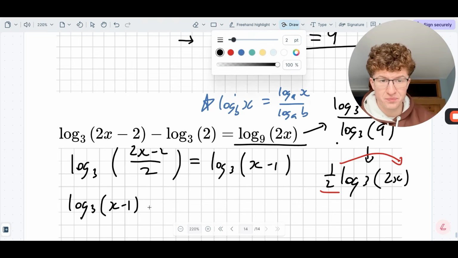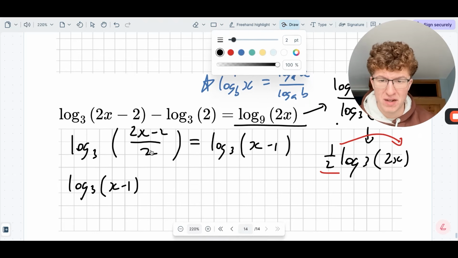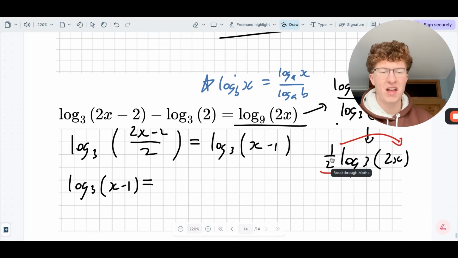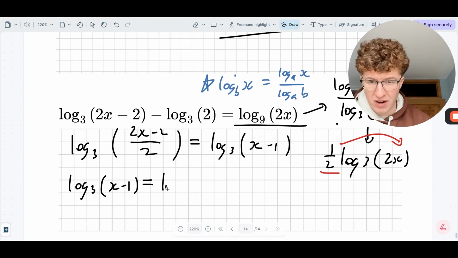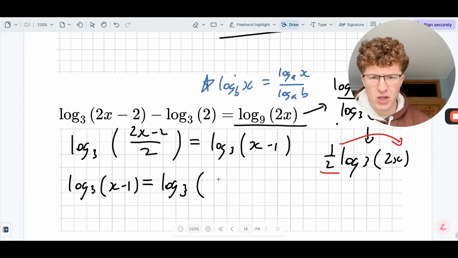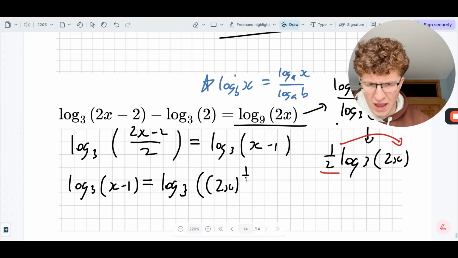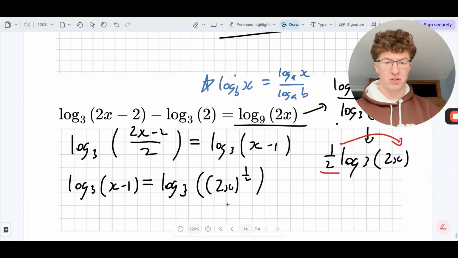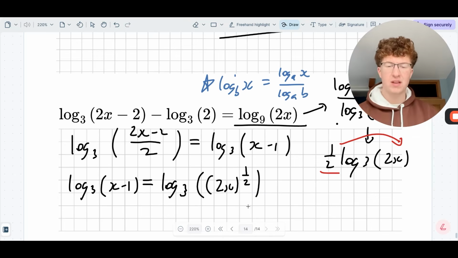So log to the base 3 of x minus 1, we can rewrite as this. Log to the base 9 of 2x, we just said here, can be rewritten as this. And when we move the power to the top, we can write log to the base 3 of 2x to the power of a half, like that. Remember, anything to the power of a half is just the same as square root. I'll write that better. Yeah.